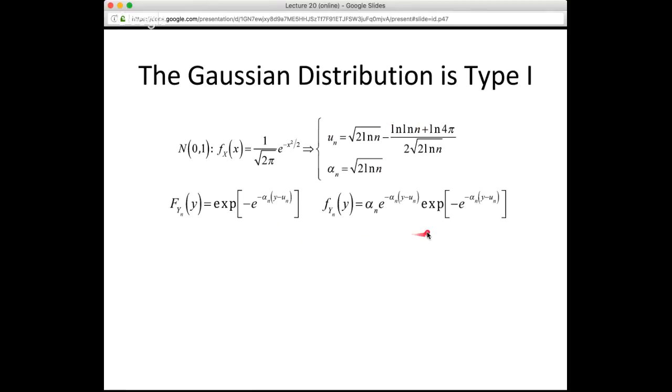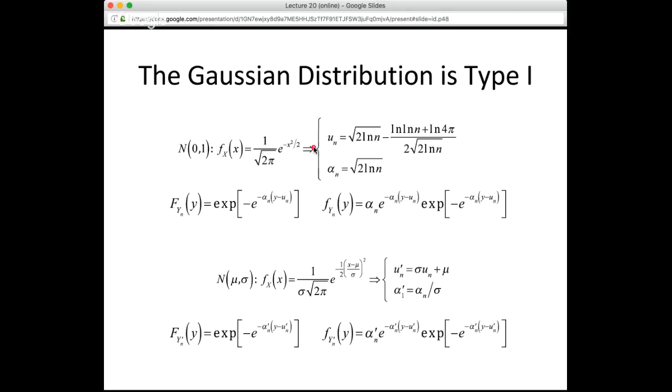And again, we're just substituting these values of u_n and alpha_n into our CDF and PDF for the Gumbel distribution to get the extreme value distributions for the standard normal.